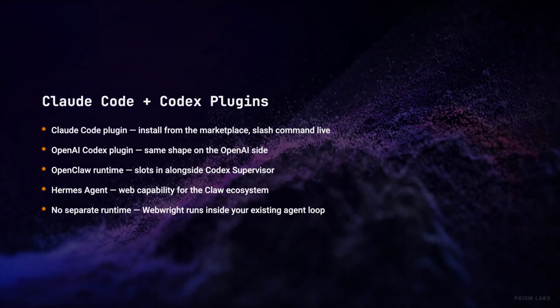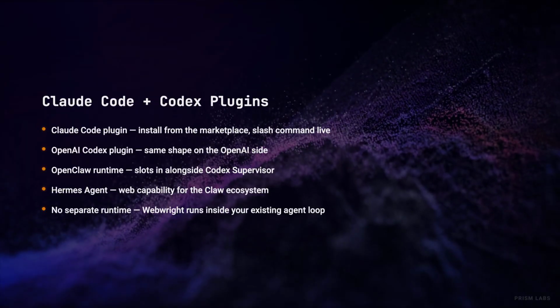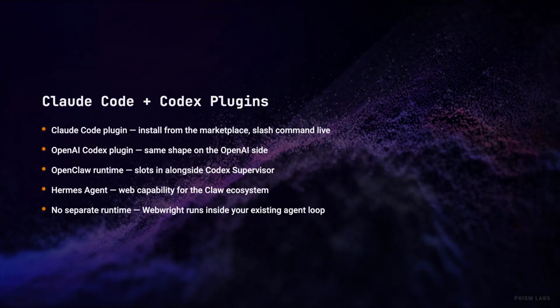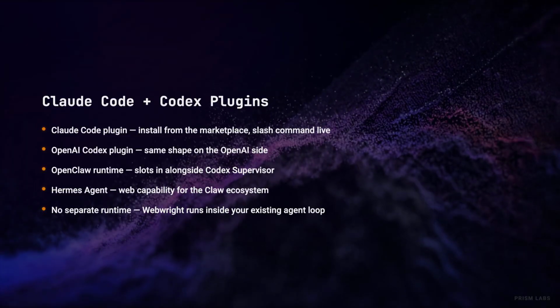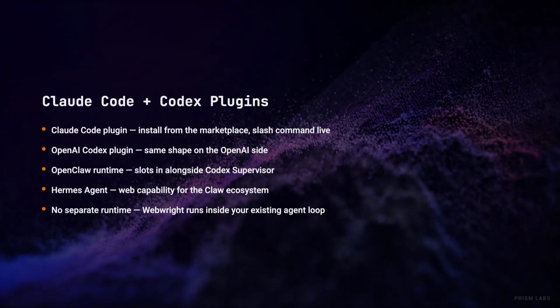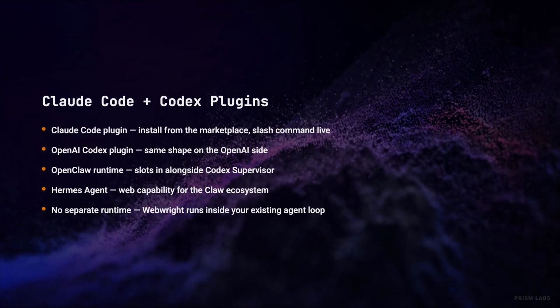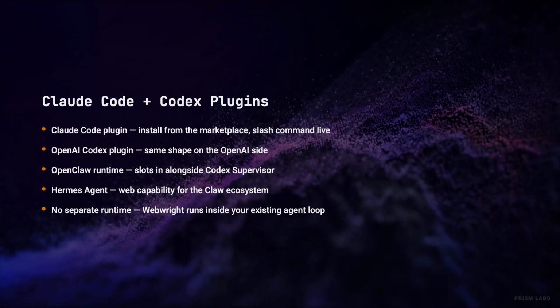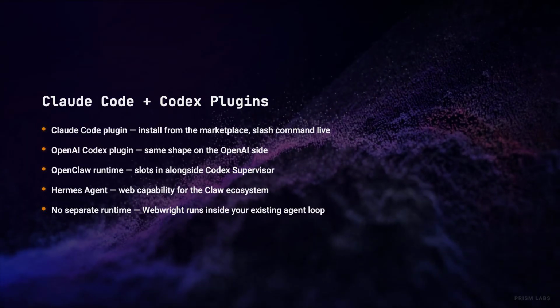Same shape as the Codex supervisor that landed in OpenClaw v5.28 last week. Hermes agent support means the Claude ecosystem agent gets web browsing capability with the same minimal install. The integration story is the smart bit. Instead of asking developers to adopt yet another agent framework, Microsoft hooks into the ones they already run.